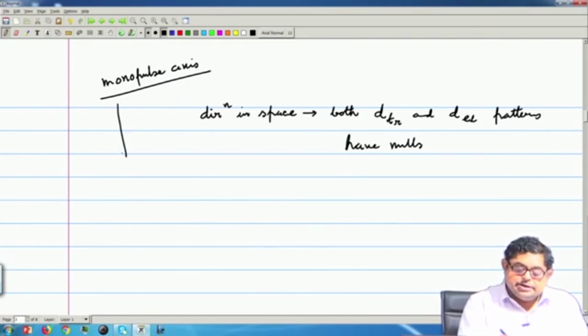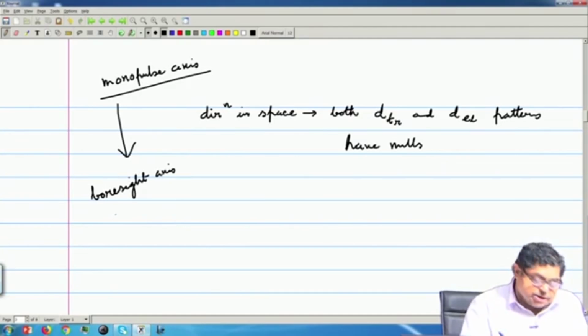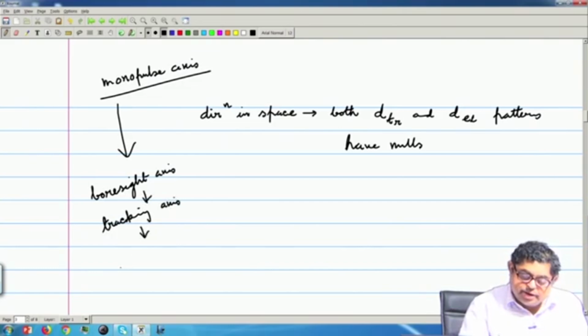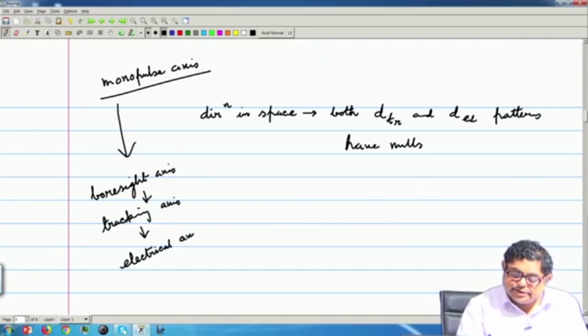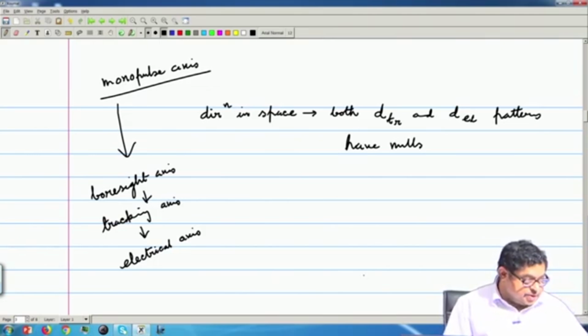Now, the monopulse axis has several names in literature. Sometimes it is called bore-sight axis, sometimes it is called tracking axis, sometimes it is called electrical axis, because all these patterns, we measure the voltages electrically.